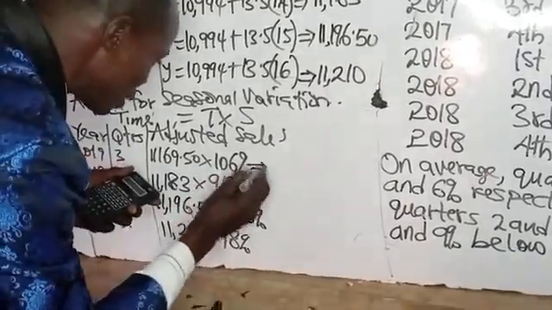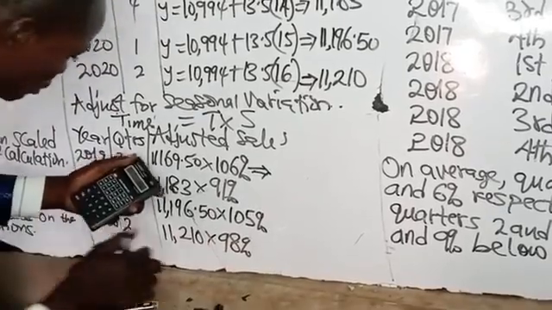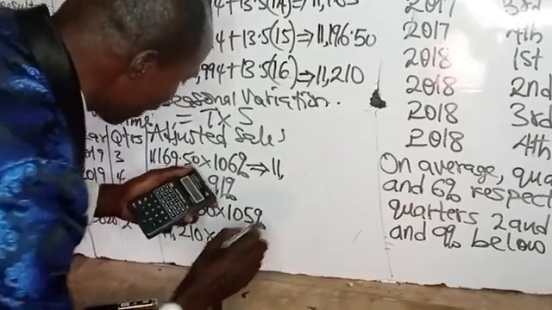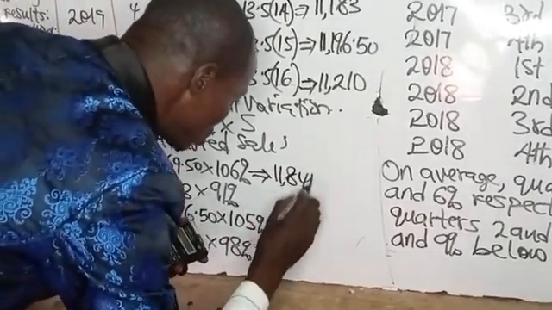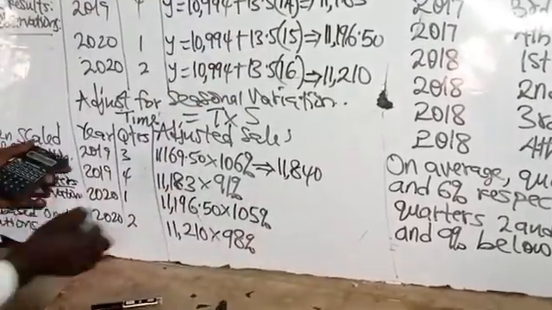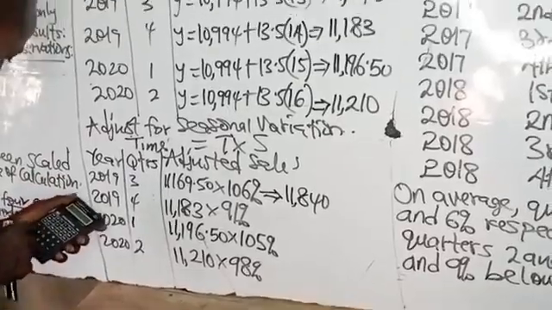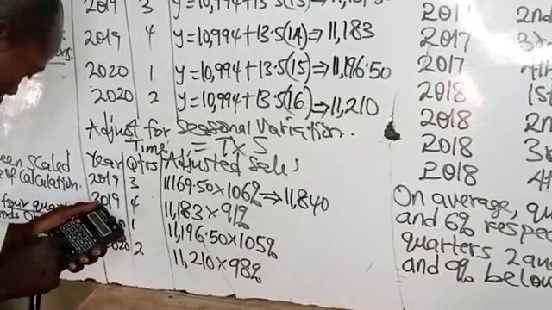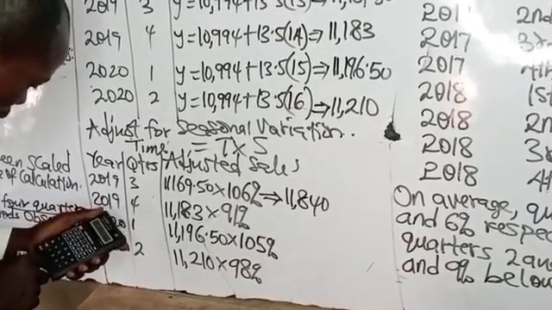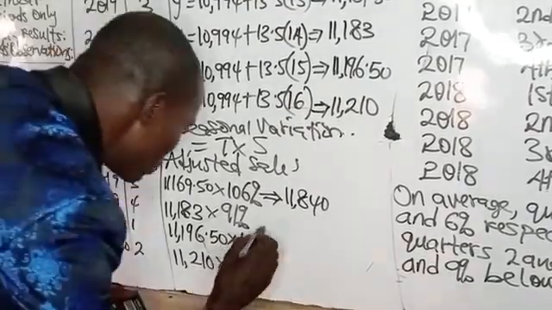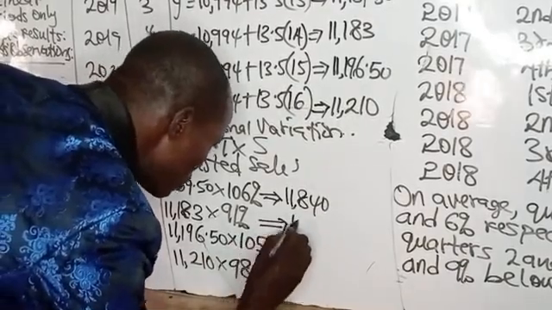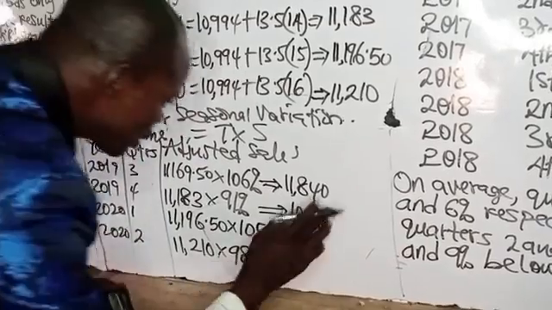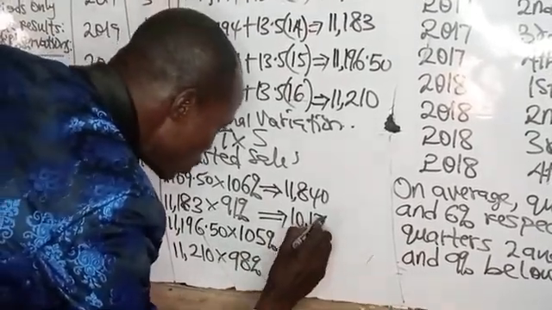So that gives us 11,840 approximately, to the nearest whole number. Then this one, 11,183 times 91%. That gives us 10,177 to the nearest whole number.